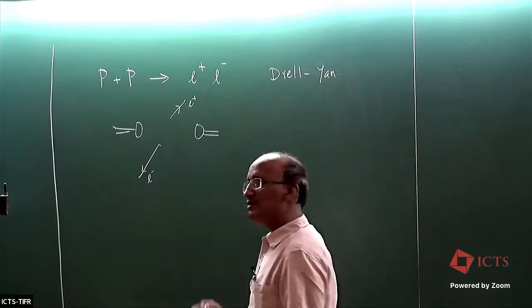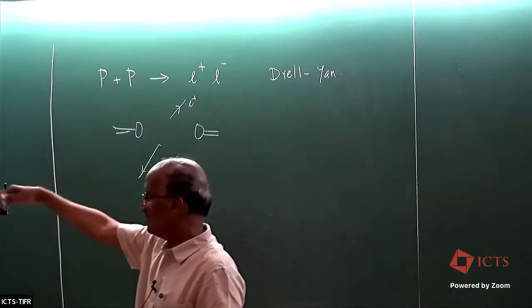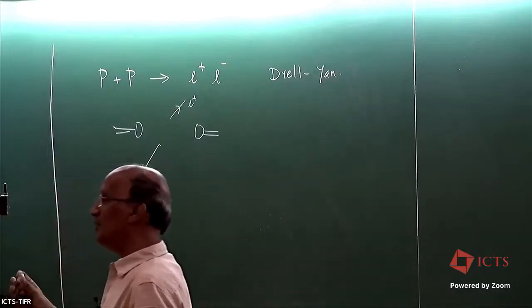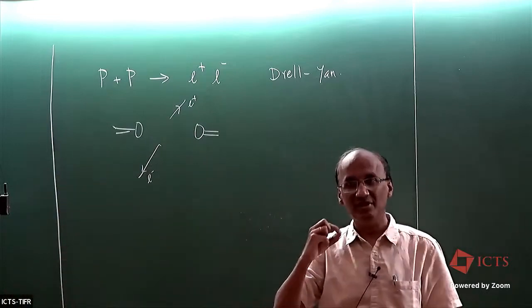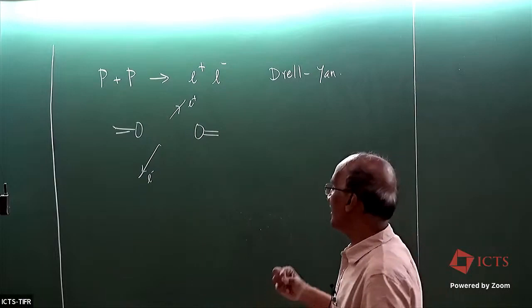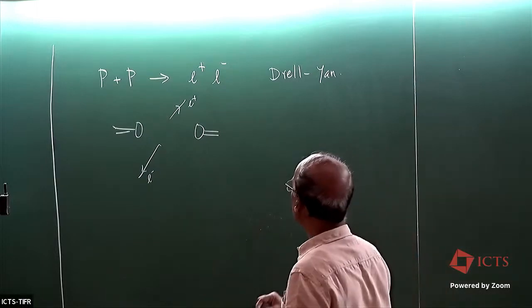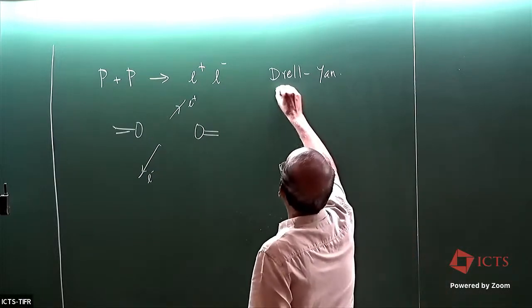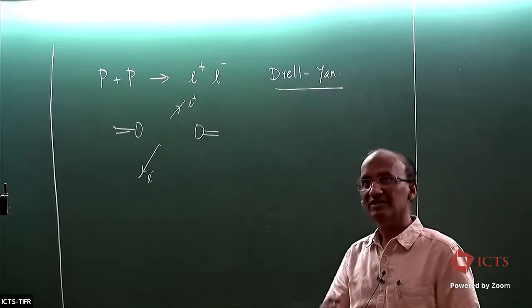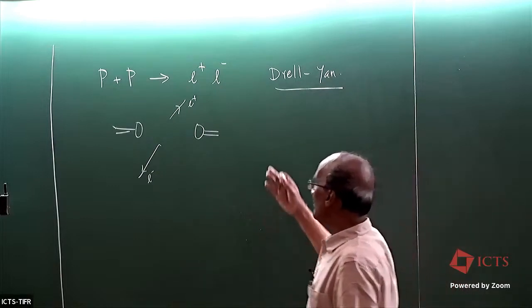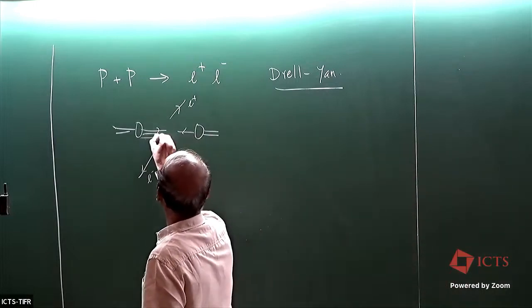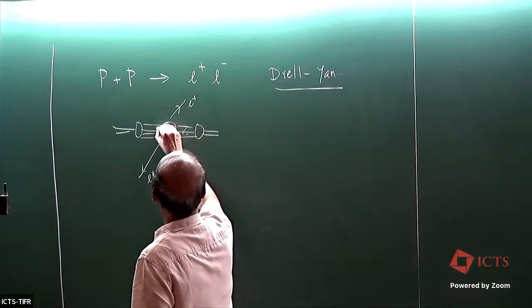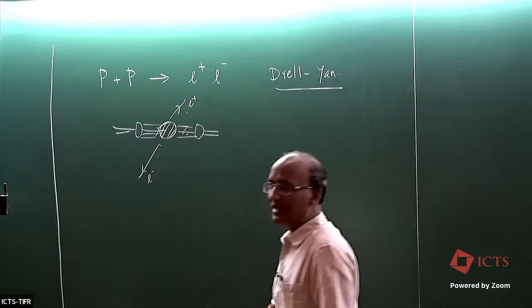This is the second process in the history of the parton model where people thought the parton model could be applied. Because the kinematic configuration is very similar to DIS, one can calculate the scattering cross section using the parton model. So this collision takes place, something happens here and produces a pair of leptons.